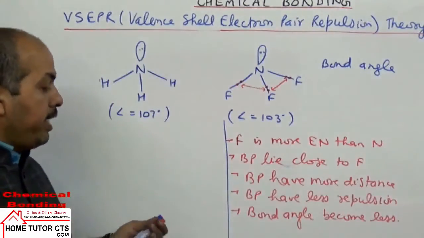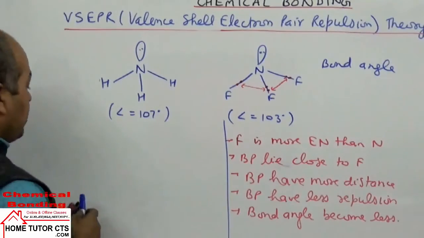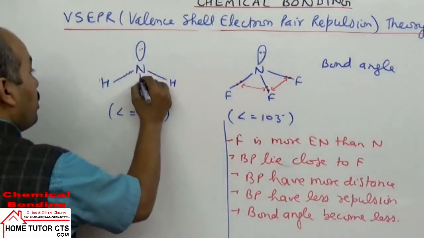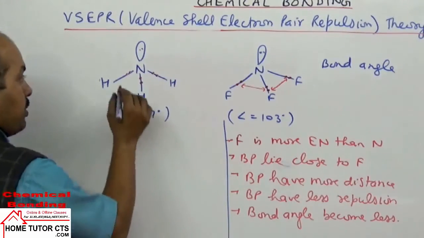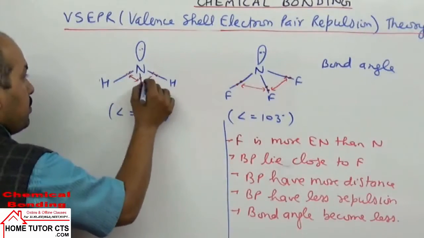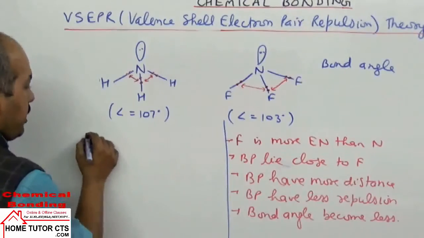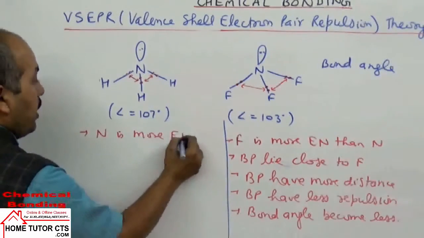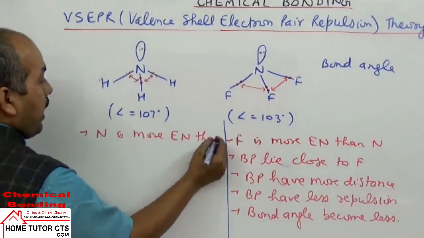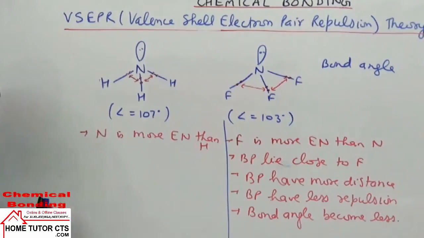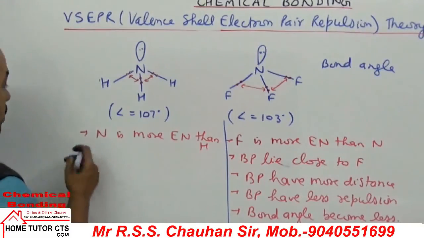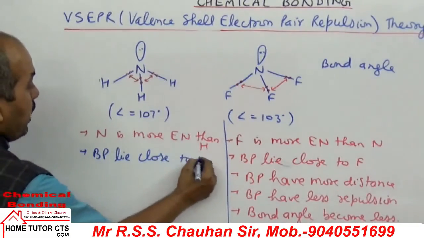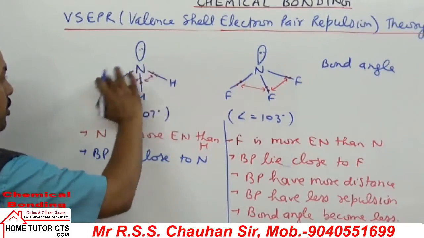Now in the other case, in the NH3 molecule, compared to hydrogen, nitrogen is more electronegative. So the bond pairs lie close to nitrogen, shifting towards the nitrogen side.